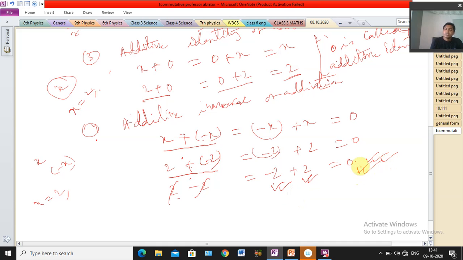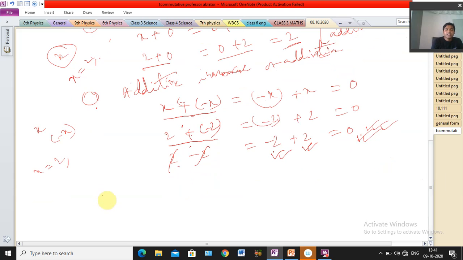Clear? So that means our property is true. Understood or not? This property is true. That means we can say that minus 2 is the additive inverse of plus 2.